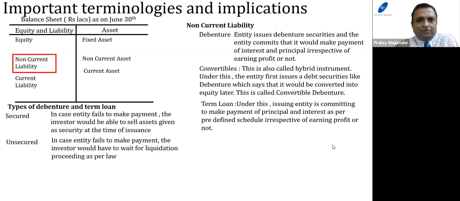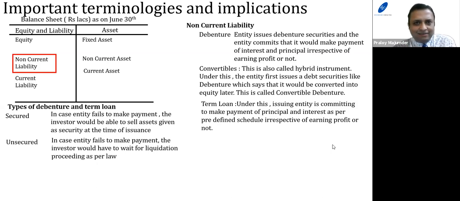What is an unsecured debenture or term loan? In the case of an unsecured debenture and term loan, the lender cannot take any specific asset. So the lender has to wait for the bankruptcy proceeding or insolvency proceeding or liquidation proceeding. Suppose I have raised 20 crores from a bank in the form of an unsecured loan or unsecured debenture.